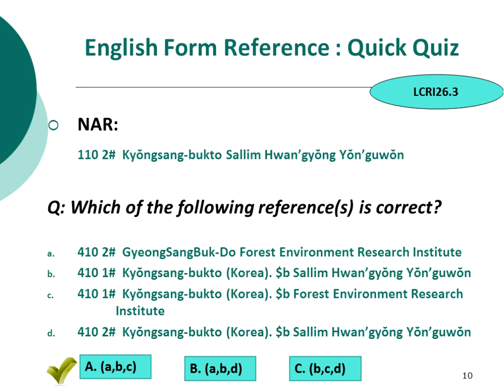We have the 110.2 here. We would like to see what the correct references are. For number A, 410.2, it's the direct reference from the English form. And then B is a form that's entered subordinately in its original script, which is Korean.